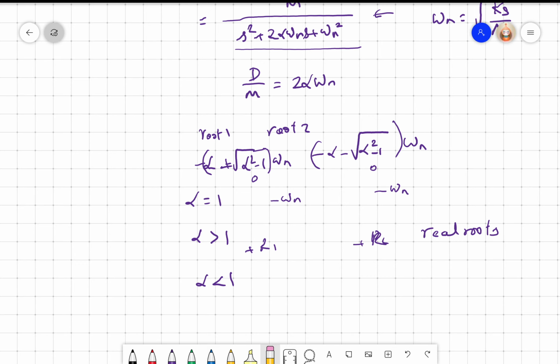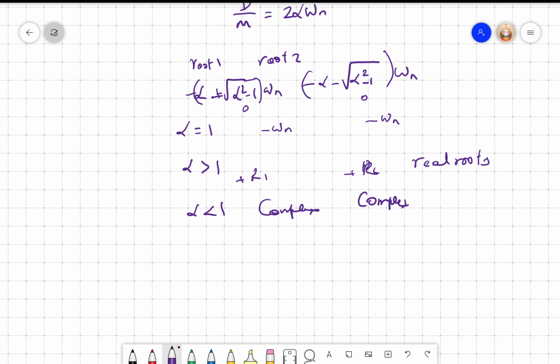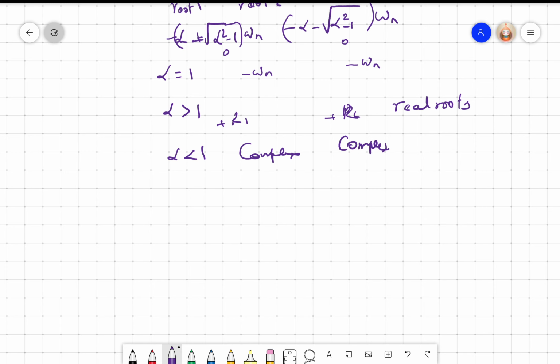This will be complex, this will also be complex. So we can now look at these roots and get back the response, right? And we can write this very nicely.